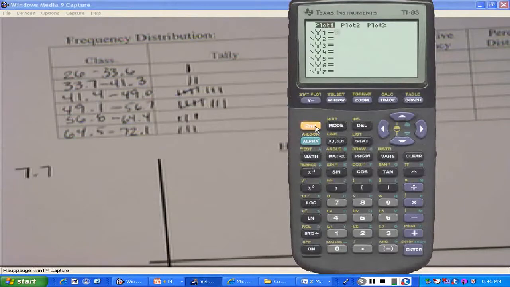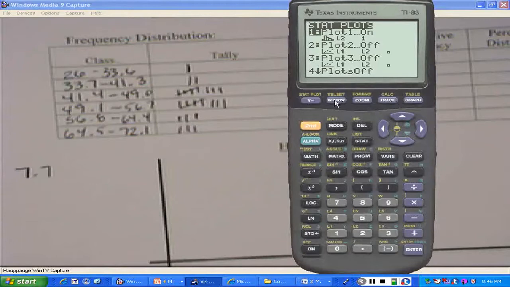Okay, let me see if we did the right one. We did L2. We did 7.7.